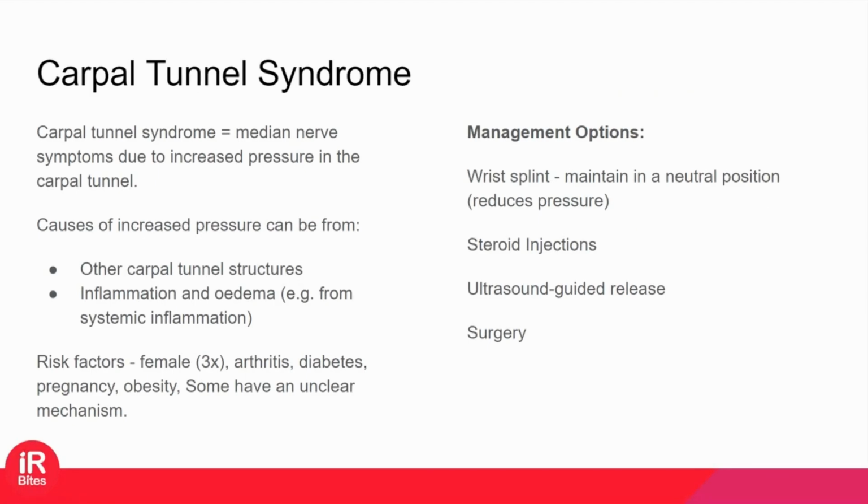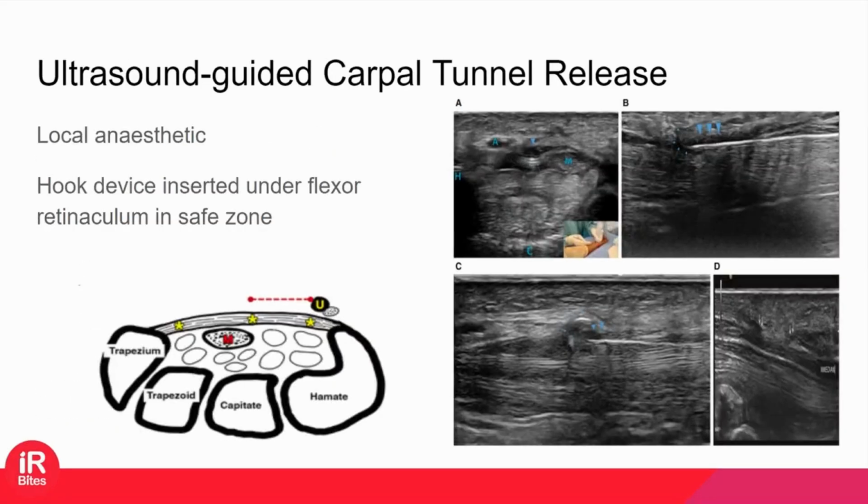But more recently, there's a technique developed that is ultrasound guided release. It's theoretically very simple. Obviously, there are lots of important structures in the carpal tunnel, so it's technically a difficult procedure because you have to make sure you're safe. But the principle is very simple. You use ultrasound and get a view of the carpal tunnel.